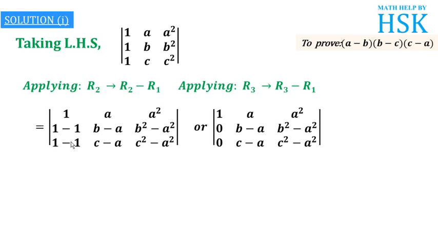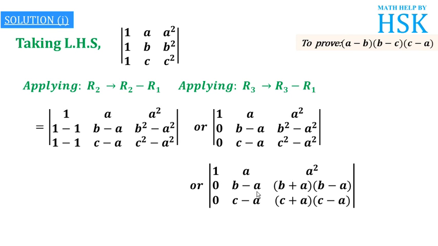So this can be written as the determinant with rows 1, a²; 0, b − a, b² − a²; 0, c − a, c² − a². Factorizing these terms, the factors of b² − a² are (b + a)(b − a), and the factors of c² − a² are (c + a)(c − a), right?